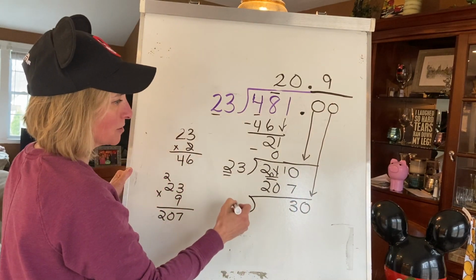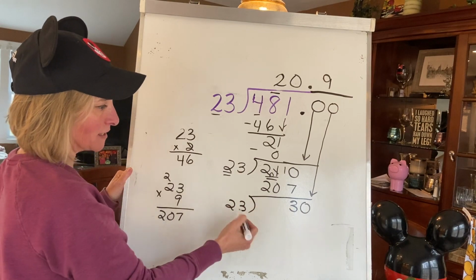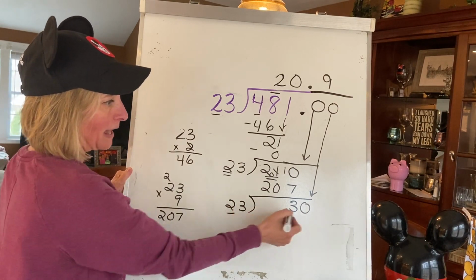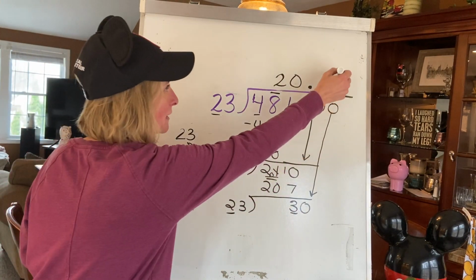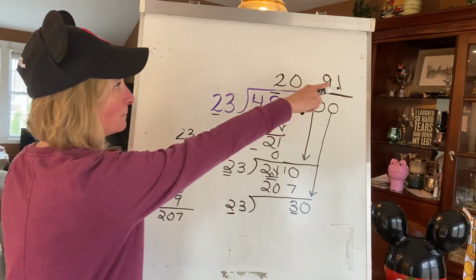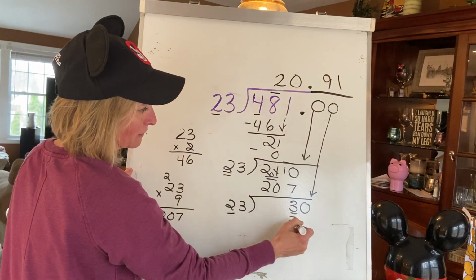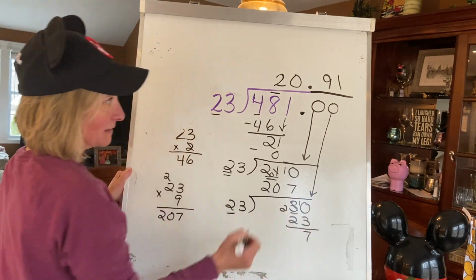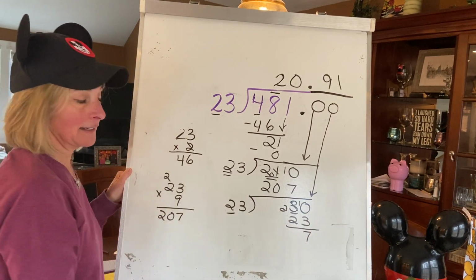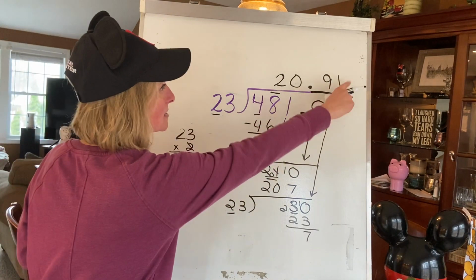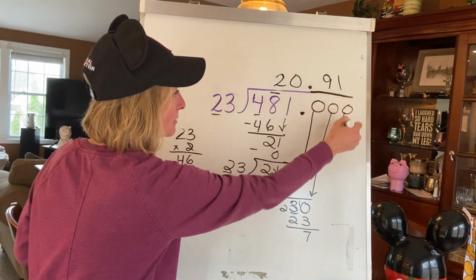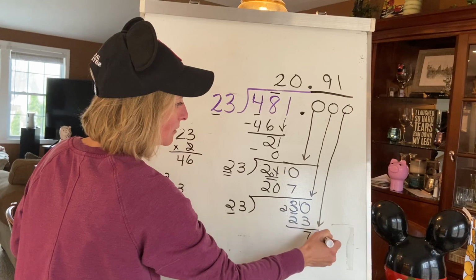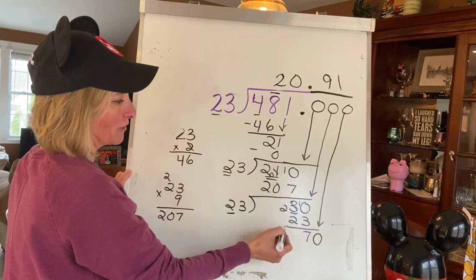So my new division problem is 30 divided by 23. How many times can 2 go into 3? That's 1 time. 1 times 23 is 23. I subtract, I get 7. I can't have a remainder, so because this is now my thousandths place, I'm just going to bring down 1 more 0 and then leave it at whatever that answer is.